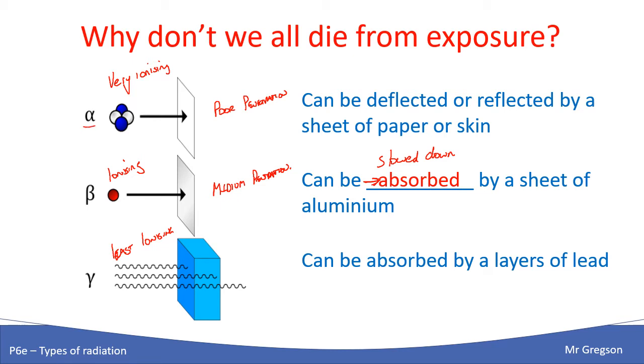But this one has the most penetration. This one will go through everything. In fact, we typically say an inch, which is obviously imperial, so 25 millimeters of lead or 1 meter of concrete to stop most.